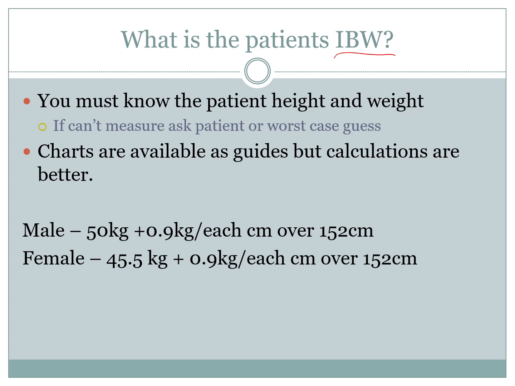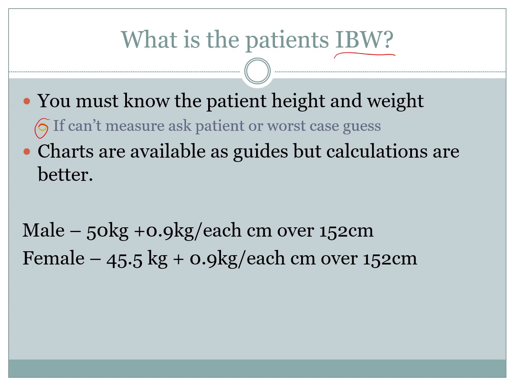In order to calculate somebody's ideal body weight, you first of all have to know the patient's height and weight. Now, as you know, we don't go out with scales, and measuring someone's height is also difficult in the pre-hospital environment. So if you can't measure it, which is highly probable, the best point of call is to ask the patient.